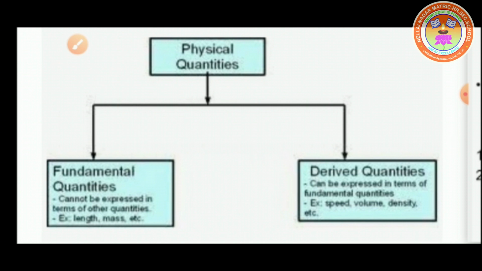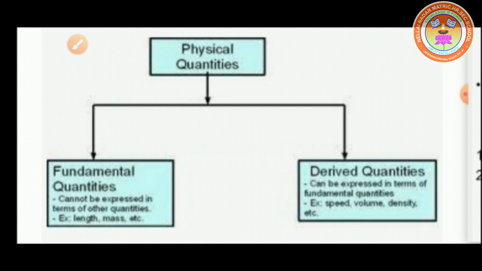The distance is nothing but the length we measure. So length is a fundamental quantity and time is also a fundamental quantity. These two fundamental quantities are used to derive one more quantity, that is speed. So speed comes under derived quantities. And volume. What is the volume formula?